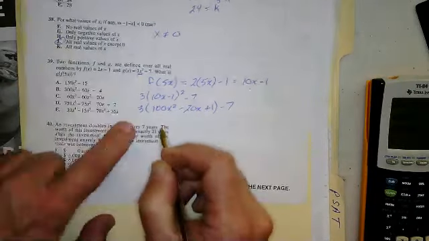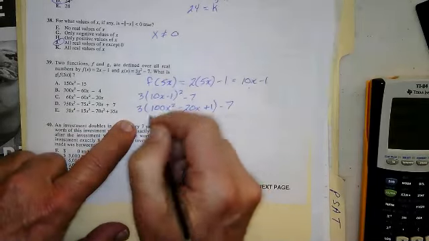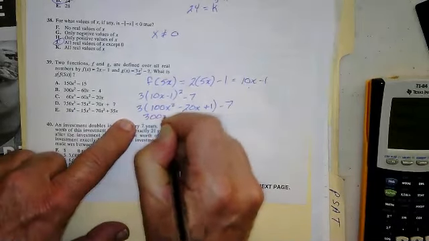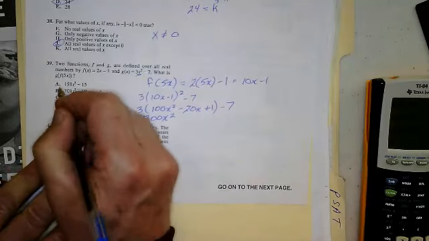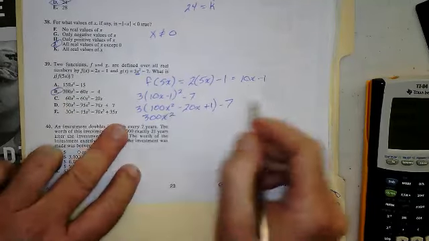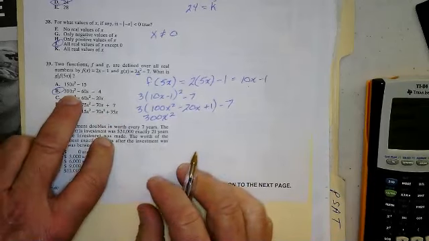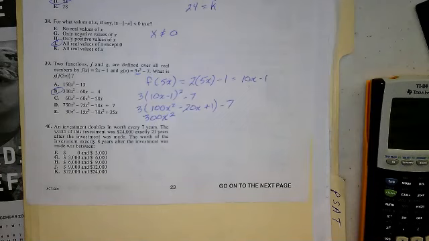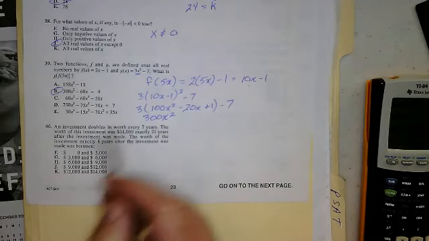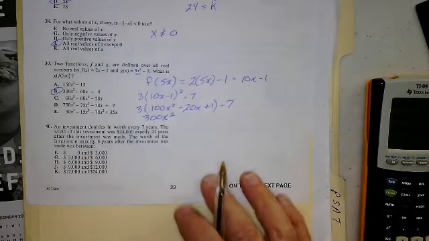Okay, now we use the distributive property, and 3 times this is 300x squared. But I want you to notice something. Look over here. There's only one answer with a 300x squared, because that's the only x squared in the problem. So this has to be my answer, and it is. So when you're doing a multiple choice timed question, you don't have to work the entire problem. We did what we needed to and got that answer.